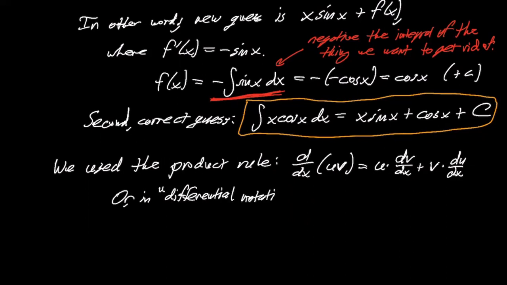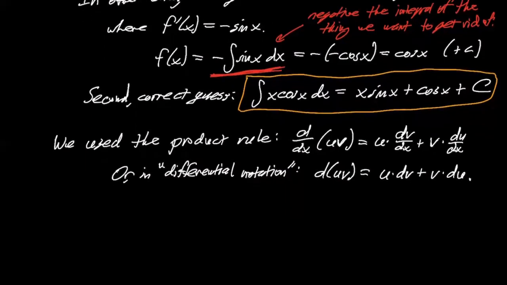The dx in an integral is sometimes called a differential. If we get rid of the dx's, we could write it as the derivative of uv is u times the derivative of v plus v times the derivative of u, right?